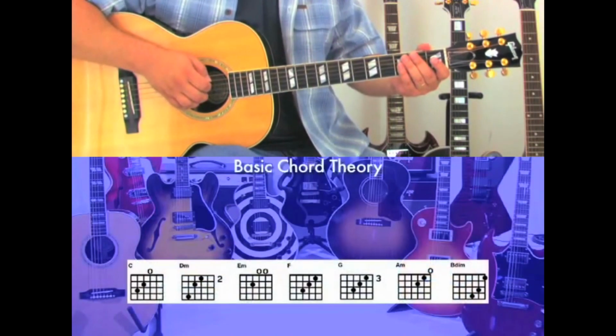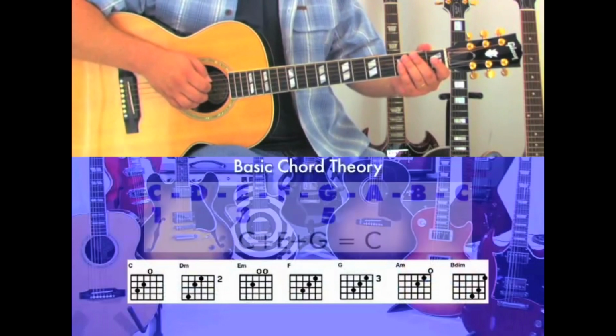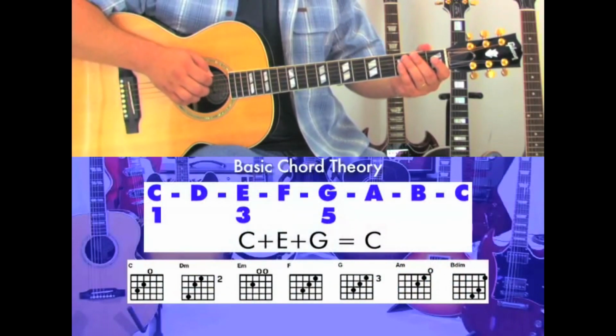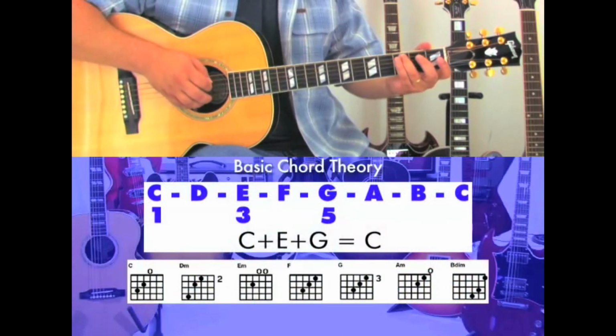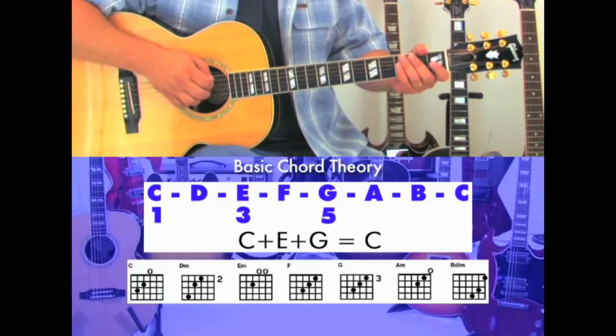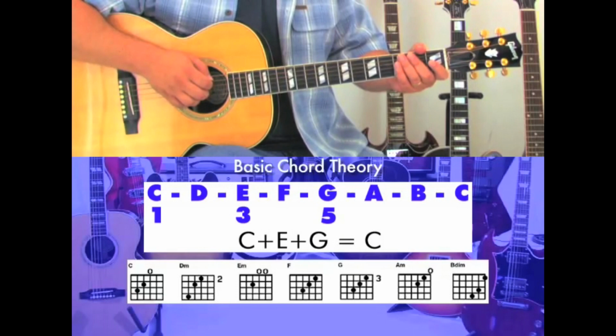To build a C chord from the C scale, you simply combine the notes 1, 3, and 5, or C, E, and G. Because the third interval is a major third, 2 whole steps distance, the first chord of this scale is a major C chord.